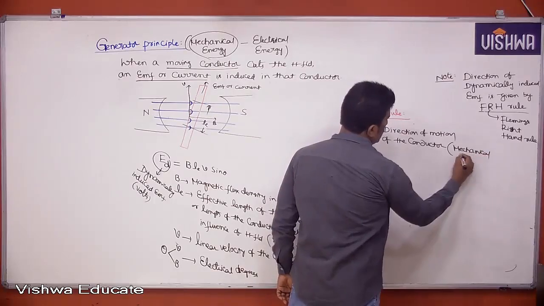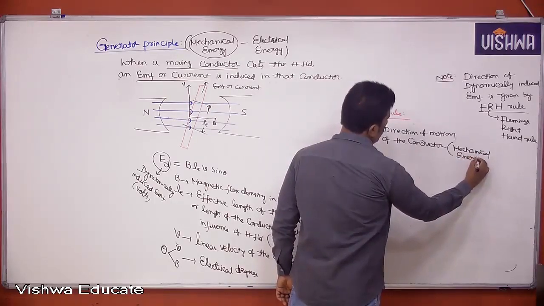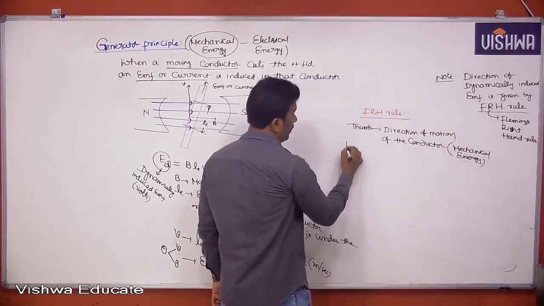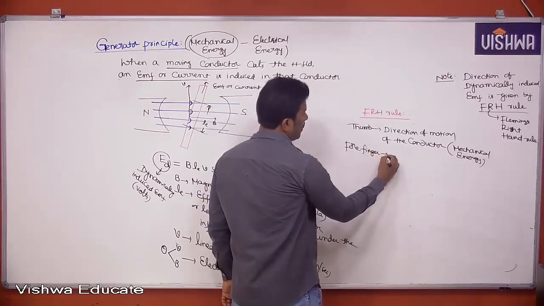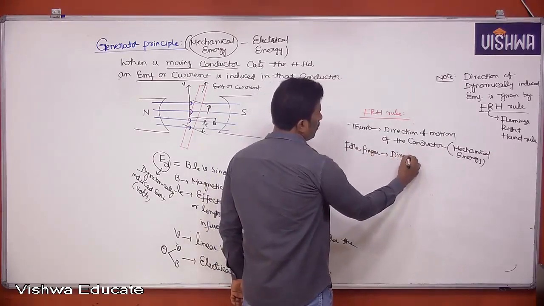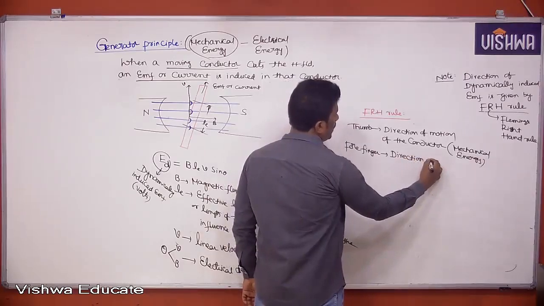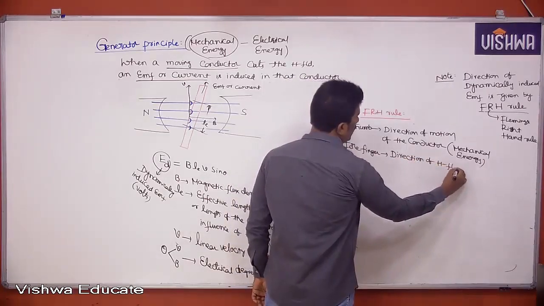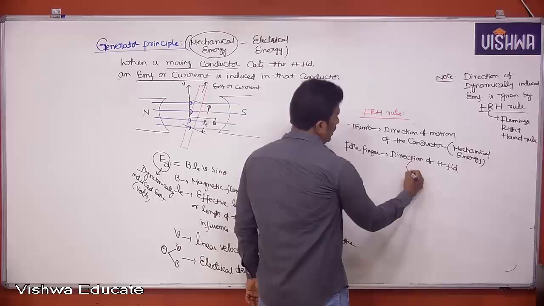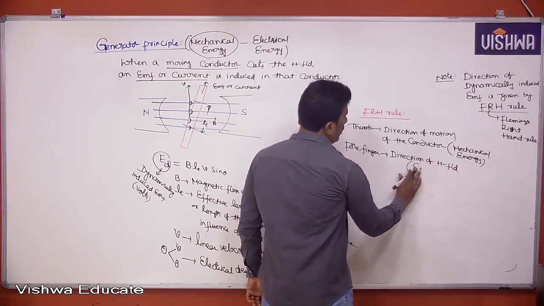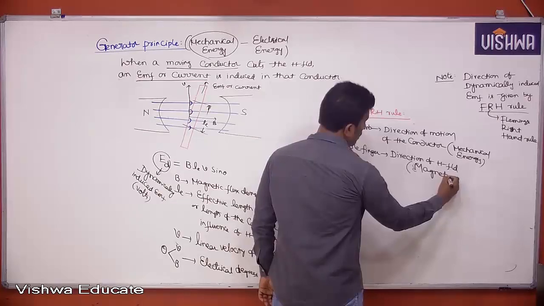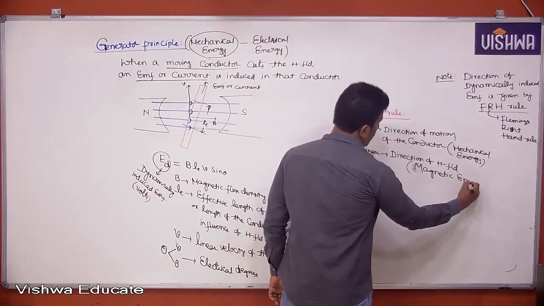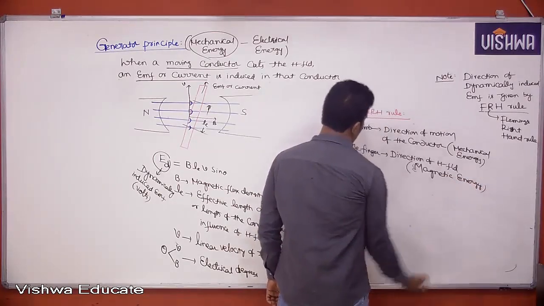And the forefinger indicates direction of magnetic field. Indirectly, it indicates magnetic energy.